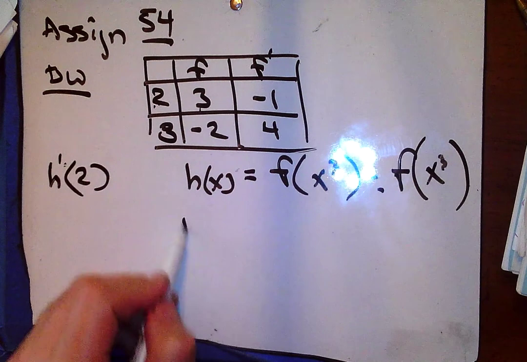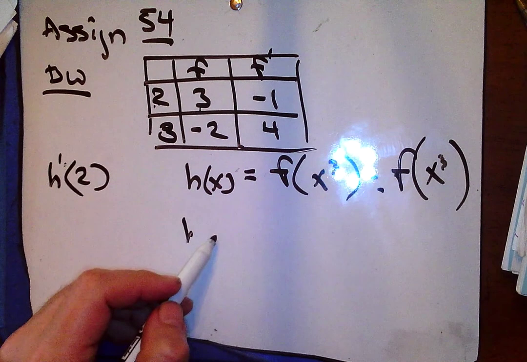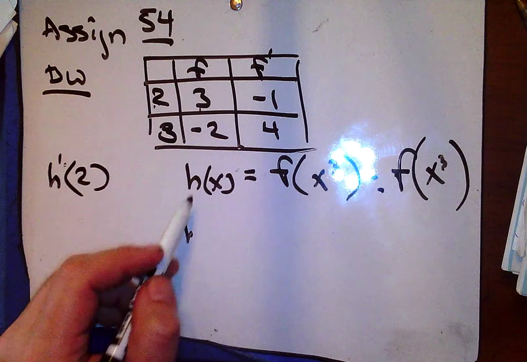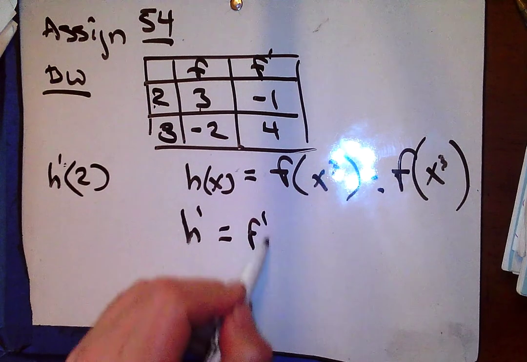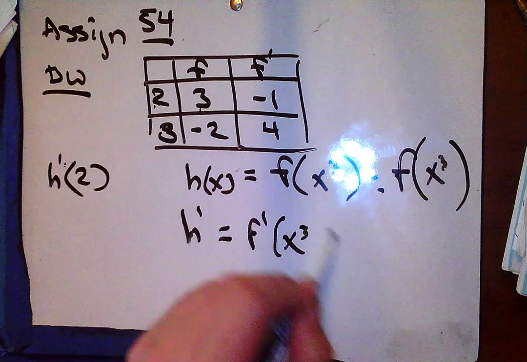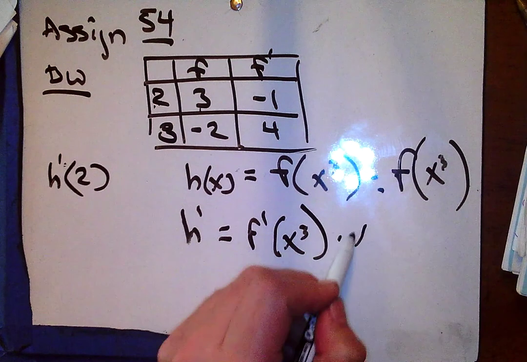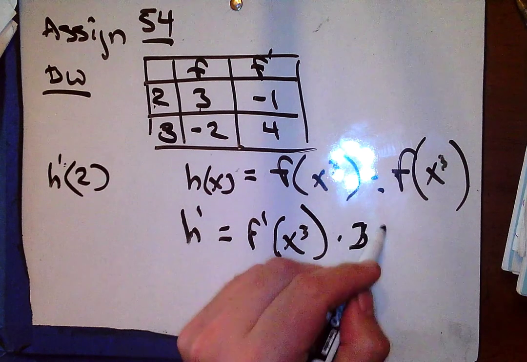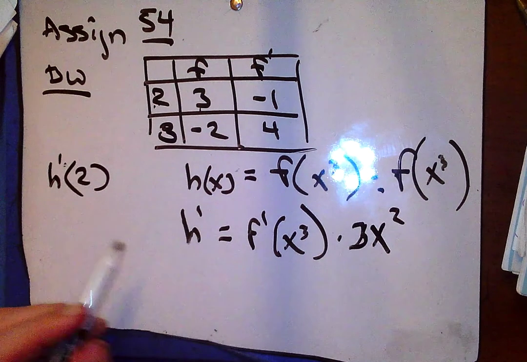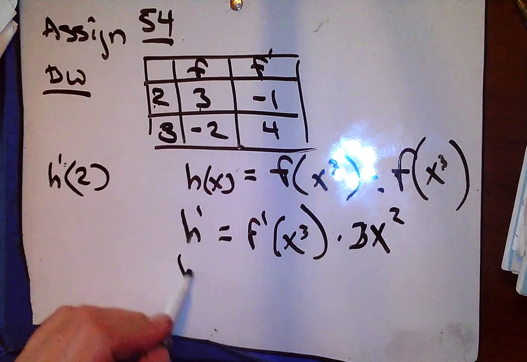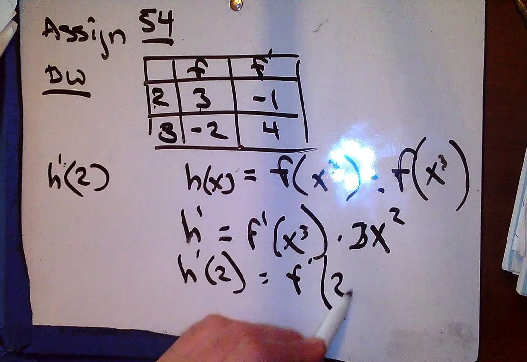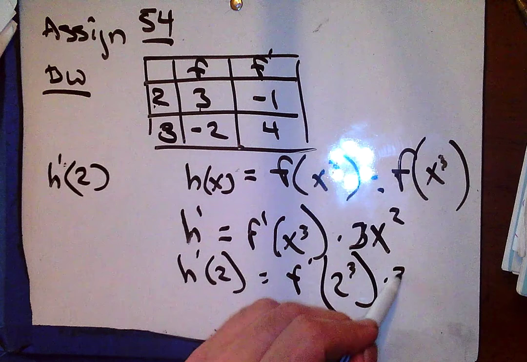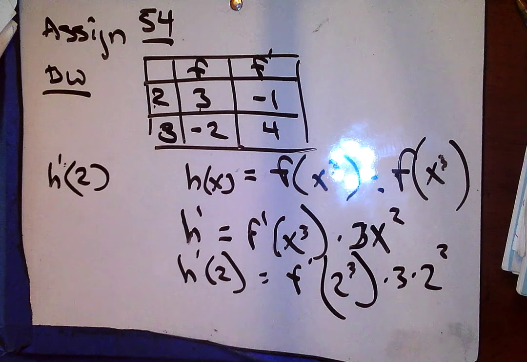All right, so, okay, here we are. H prime then is going to be f prime, leave the inside alone, times the derivative of the inside, 3x to the second. And we want h prime of 2, so that's going to be f prime of 2 to the third times 3 times 2 squared.